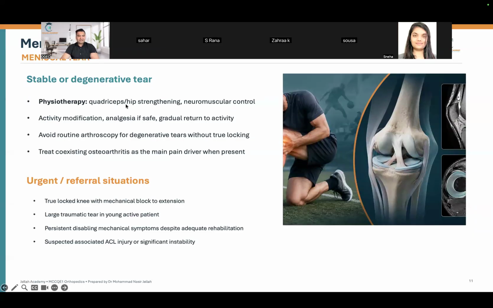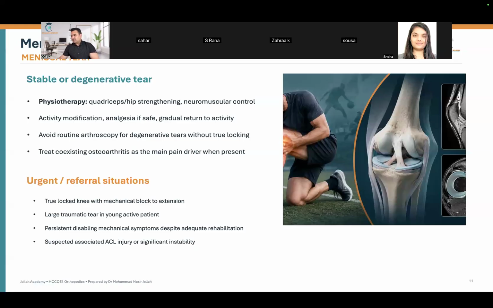Physiotherapy, quadriceps and hip strengthening, neuromuscular control. So for any knee pain or any knee abnormality, it's always good to strengthen the muscles around it, because usually our knee gets hurt or injured when we have atrophy of the muscles, when we have weak muscles.